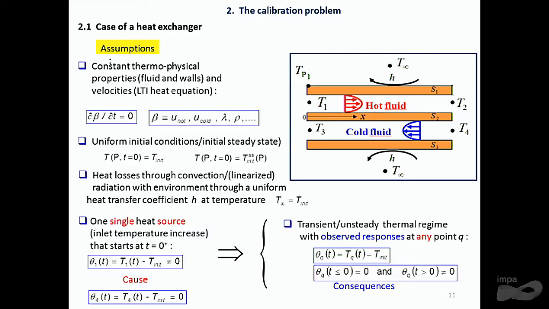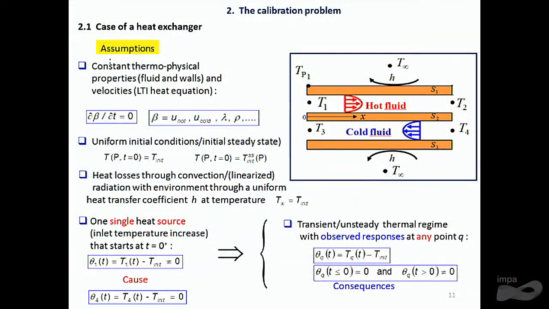The assumption, to apply these impedances, is that all the properties, the coefficients, do not vary with time. For example, the velocity does not vary with time for the hot and cold fluid, and also for all the different coefficients. We have either uniform initial condition or initial steady states.